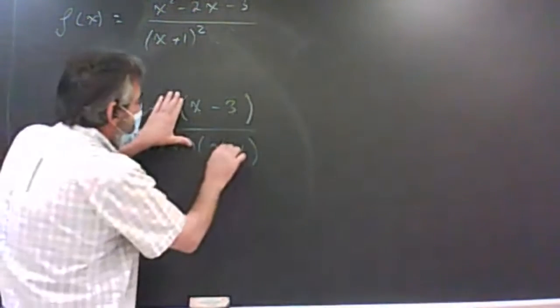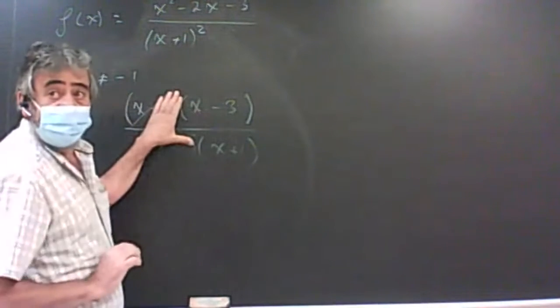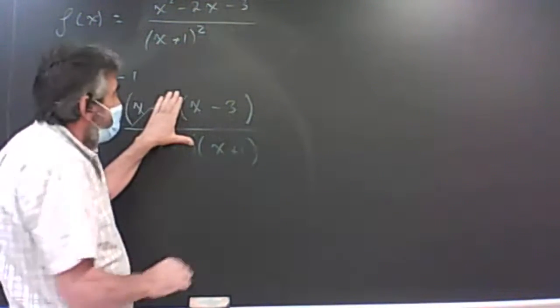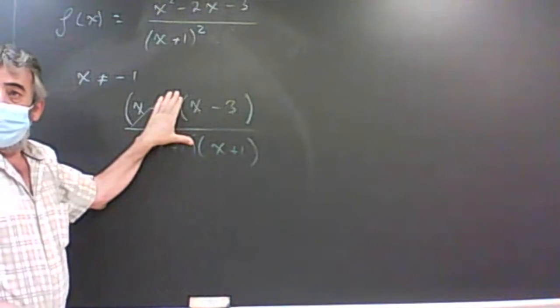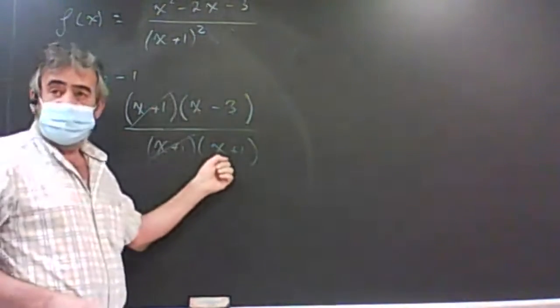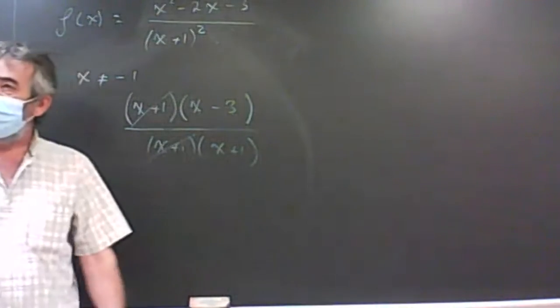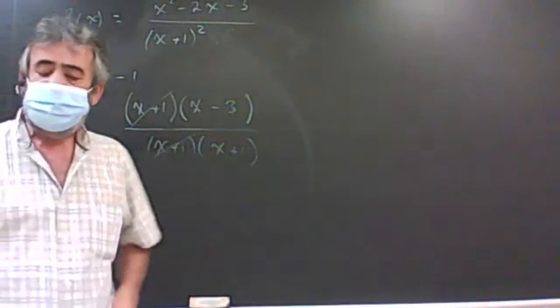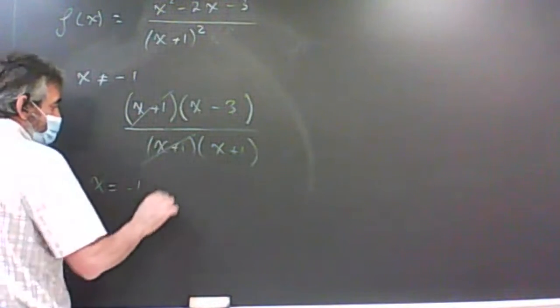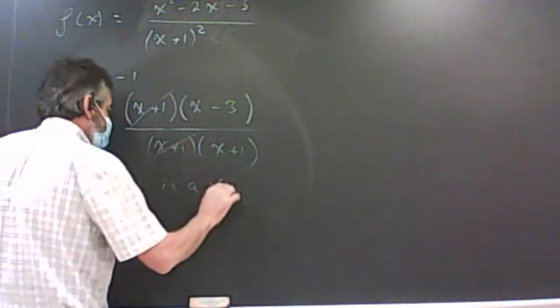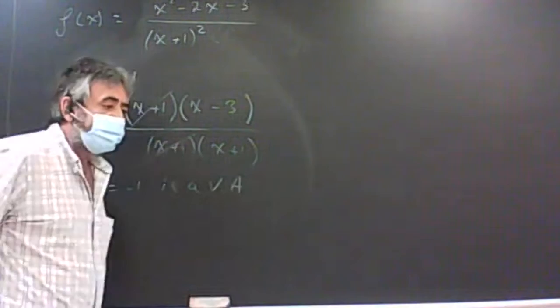So now I will try the -1 in here only. That's the only thing left. Do I get a 0 if I put a -1 there? No? Then in this case, the second -1 is an asymptote. So we have x equals -1 as a vertical asymptote.